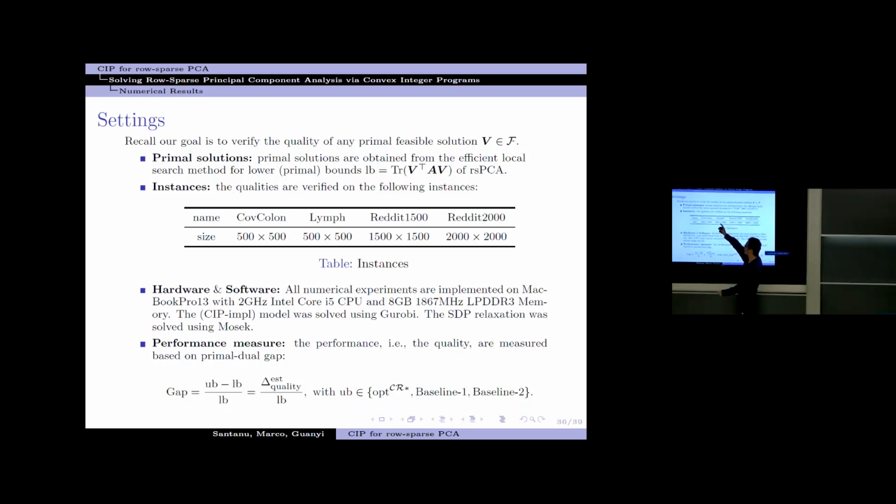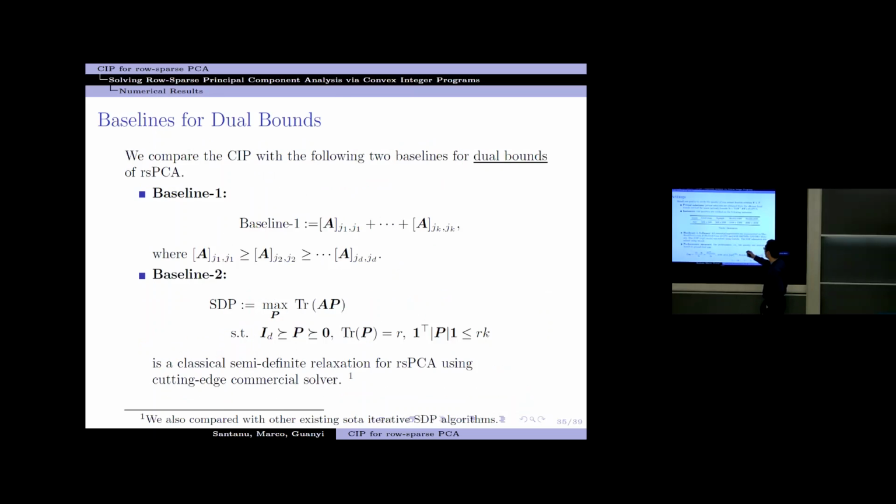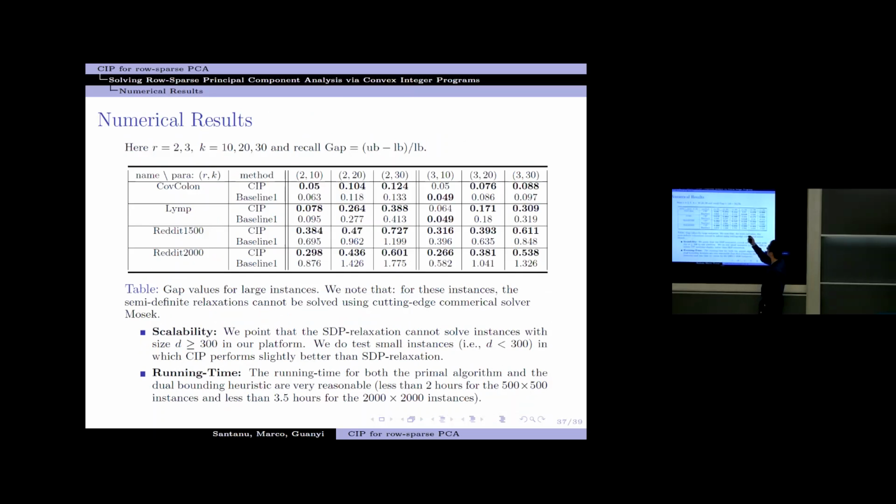And if we shrink down the size of the matrix to like 100, the gaps of the SDP relaxation and the convex IP are somewhat comparable. Okay, so these are the numerical results.